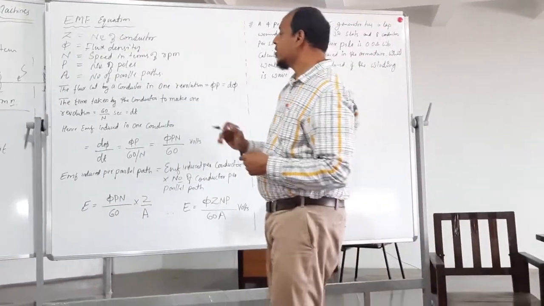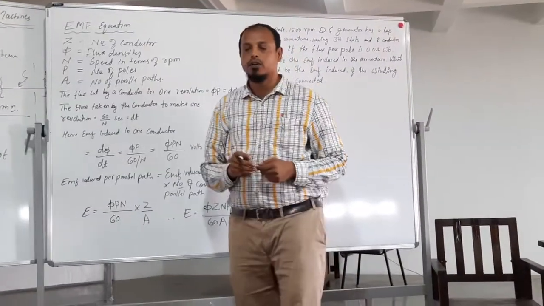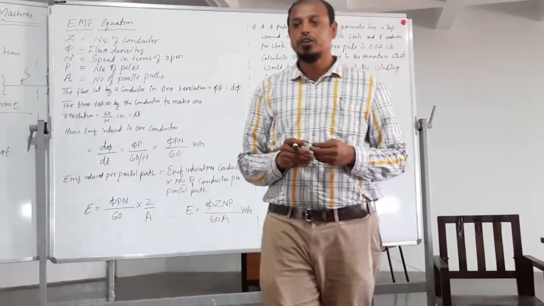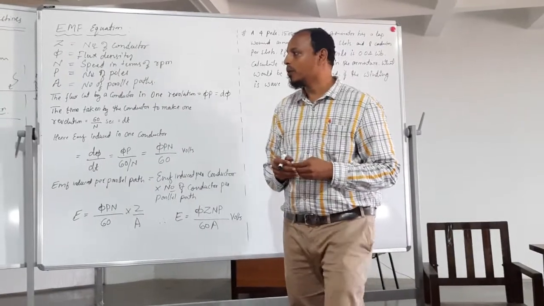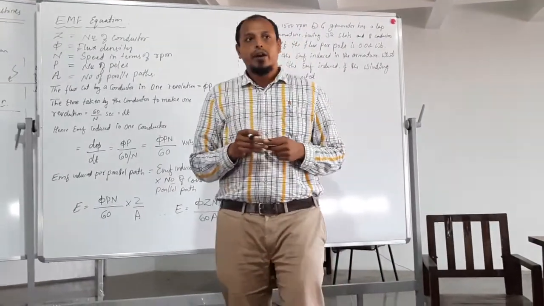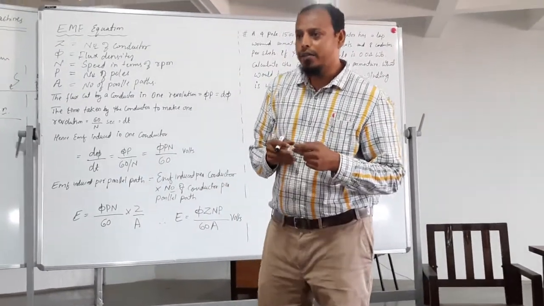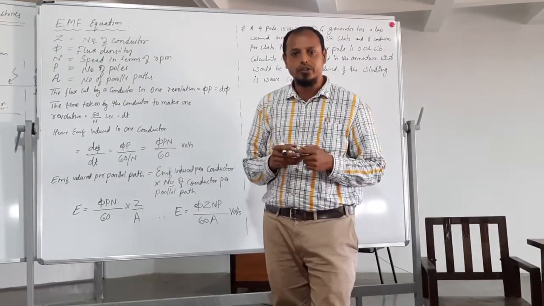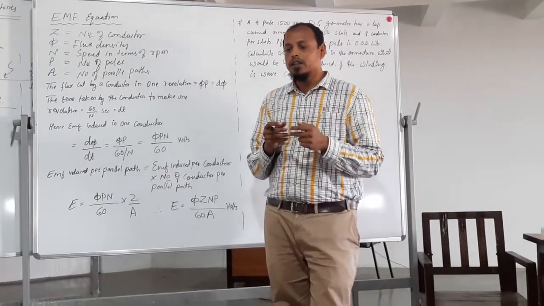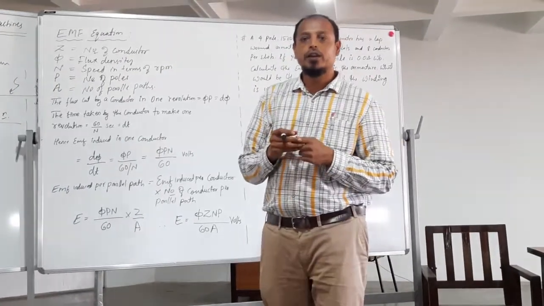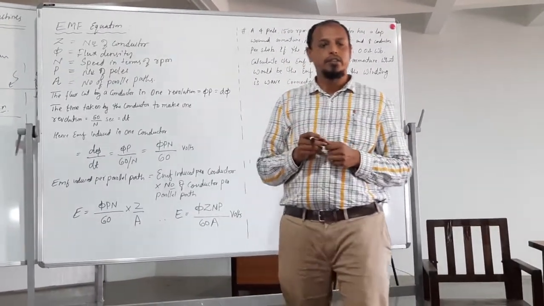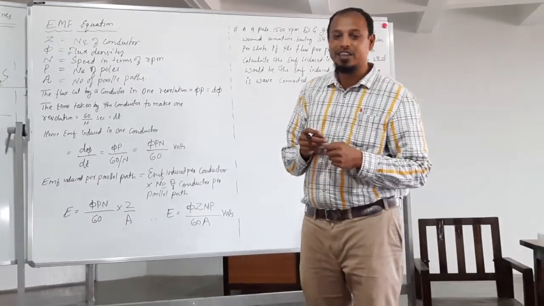For the winding, which is progressive or retrogressive in nature, the coils are framed in the form of winding, and that winding is either progressive or retrogressive. Here if it is in the clockwise direction, then we call it progressive. If it is in the anti-clockwise direction, then we call it retrogressive in nature.